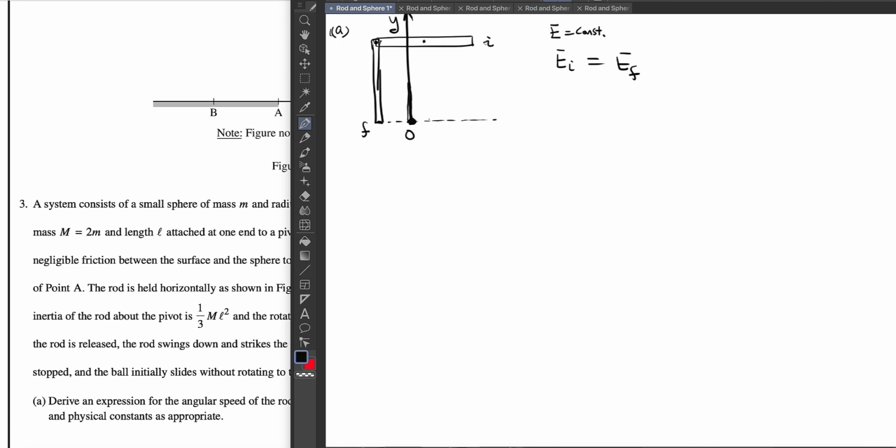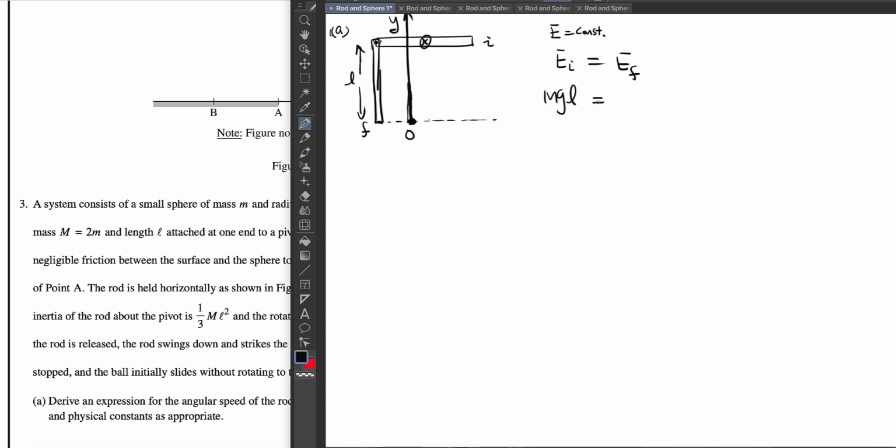So initially, the rod is at rest. So the only energy we have here is the potential energy, which is, the total length here is L, so the center of mass of the rod is at a height L above the origin. So it's mgL.